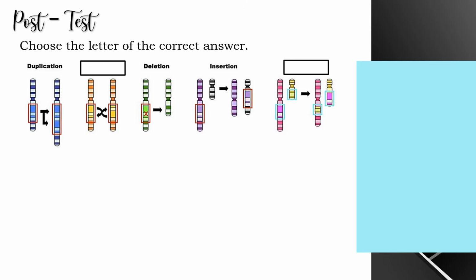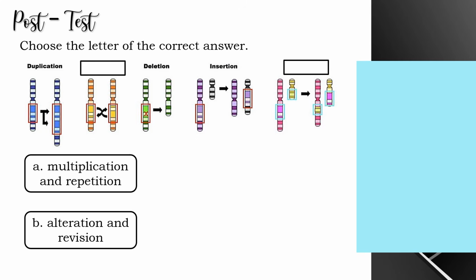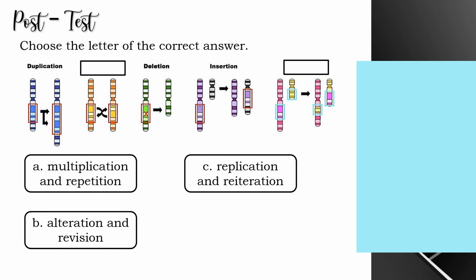You are going to identify what type of chromosomal mutation is in the picture. Letter A. Multiplication and repetition. B. Alteration and revision. C. Replication and reiteration.